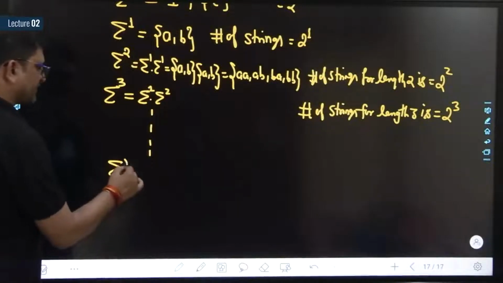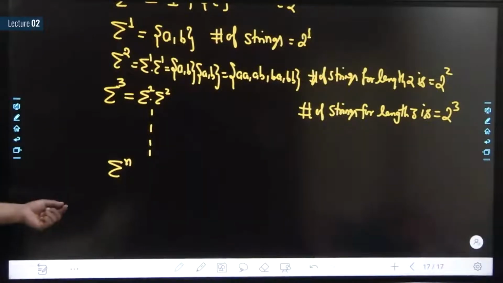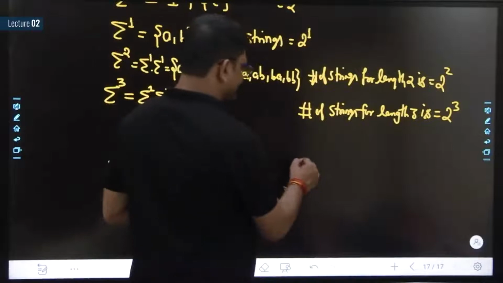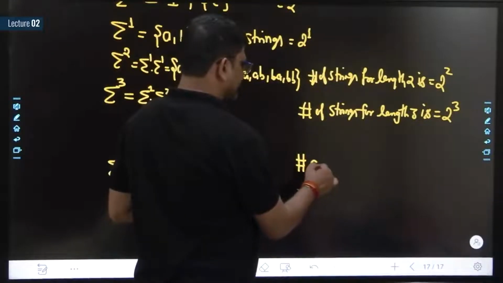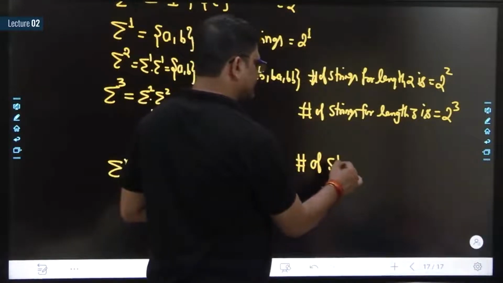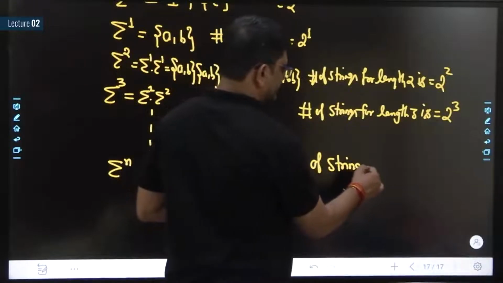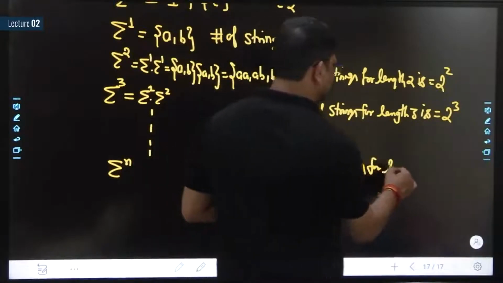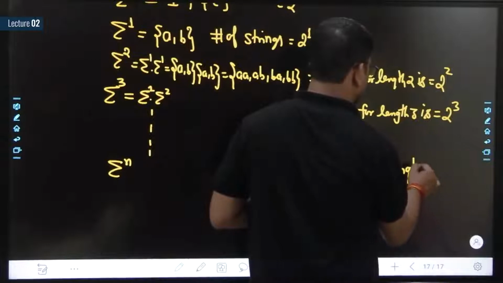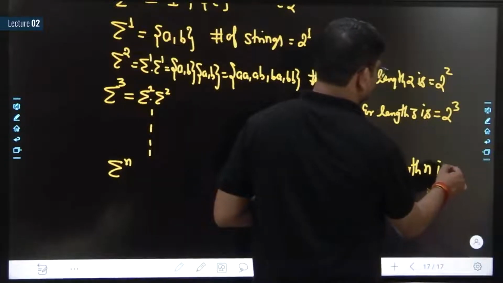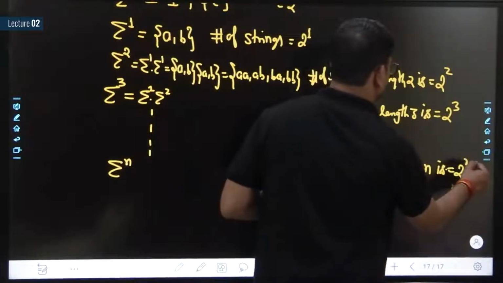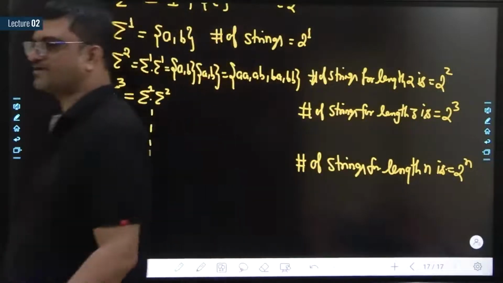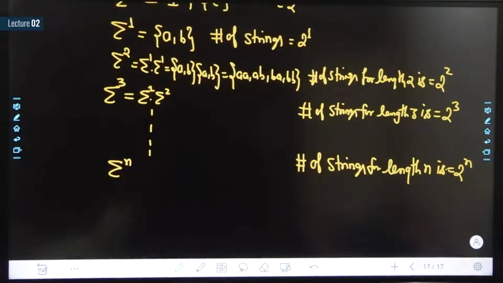Sigma to the power n: the number of strings for length n is 2 to the power n, where 2 is the number of symbols in the input alphabet. Clear?